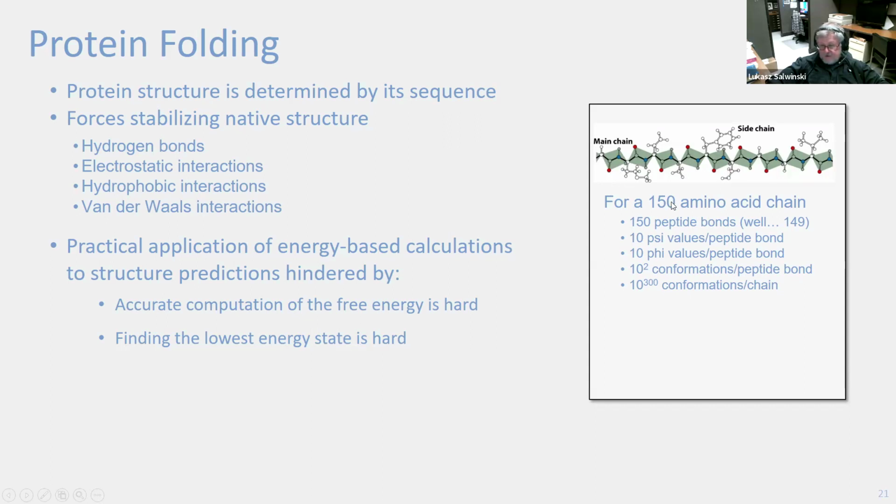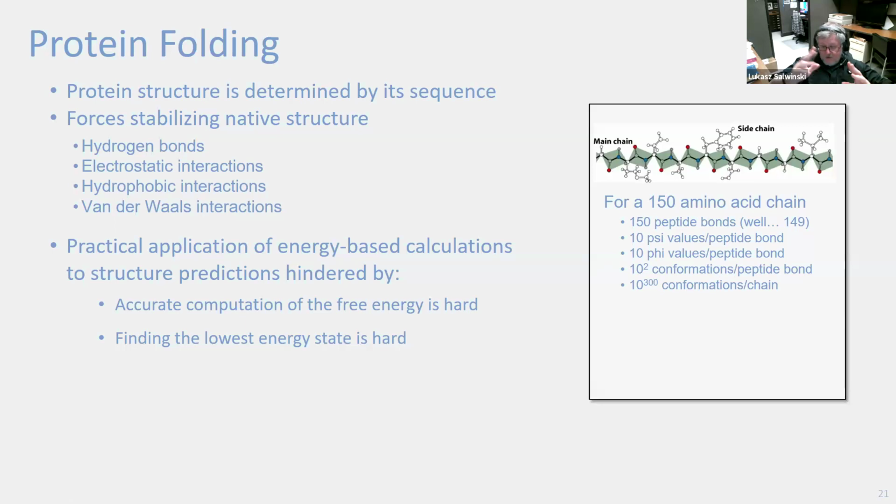So let's say 150 amino acids, then there are going to be 149 peptide bonds, and for each we're going to have phi and psi angles.